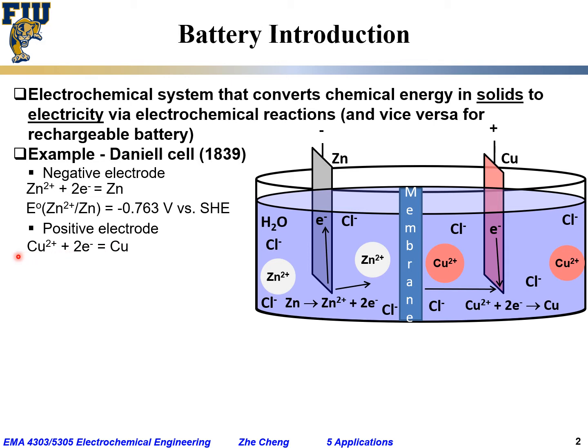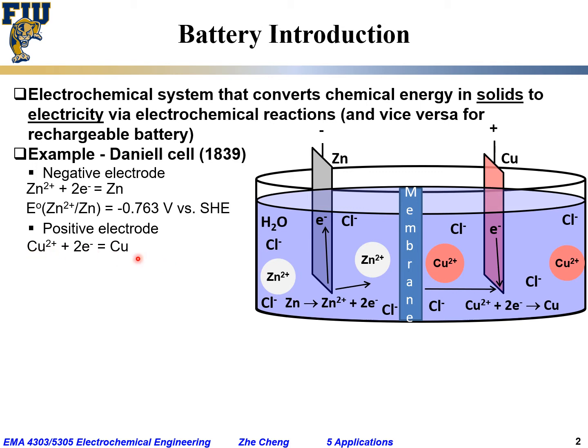Then we would have the positive electrode, and in this case it would be the copper electrode, and the so-called half cell reaction would be copper 2 plus ion combined with 2 electrons to form copper. Again, we write this half cell reaction in reduction format. That is quite often the standard case.